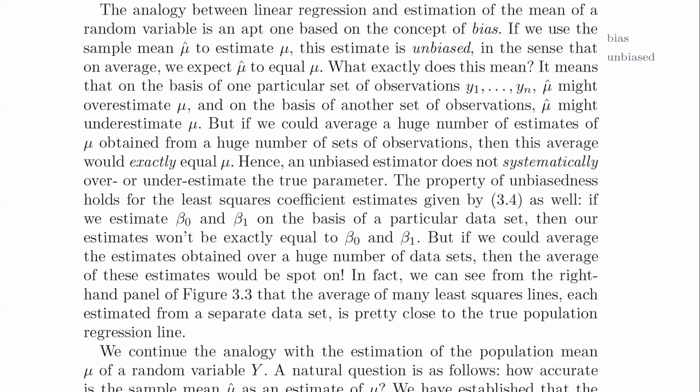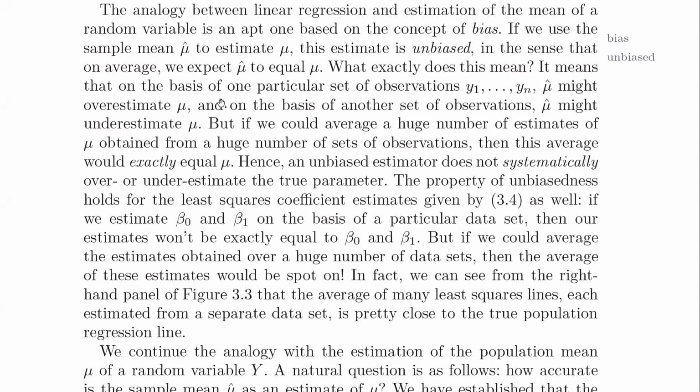It means that on the basis of one particular set of observations, from y1 to yn, mu hat might overestimate mu, and on the basis of another set of observations, mu hat might underestimate mu.